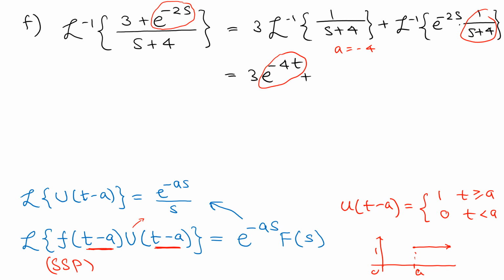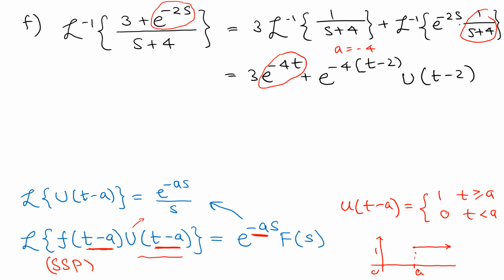So the second one gives you e^(−4(t − 2)), because you can see in the expression the minus a matches whatever the term is, and then you also multiply by the extra u(t − 2) term. That's what comes from the second shifting property: you always need to multiply by the extra term. That is how you get the answer for this one.